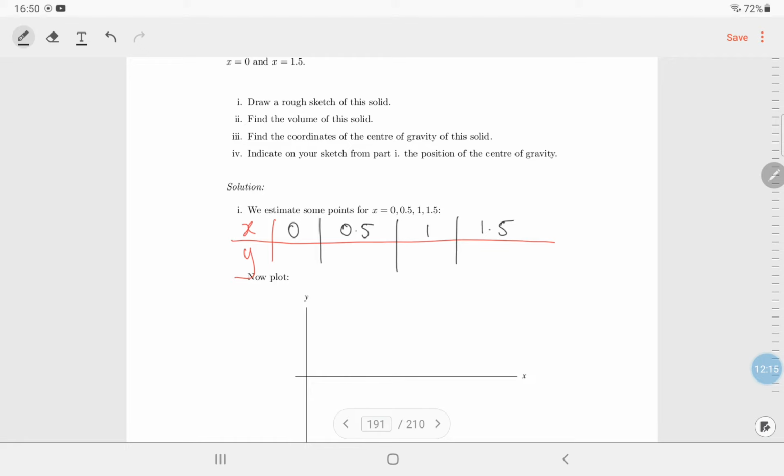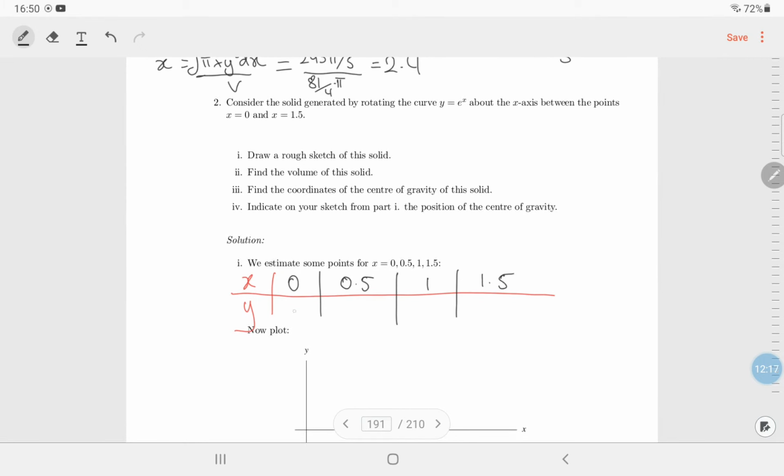So what's the y? e to the x. The first one is e to the 0, which gives us 1. Then e to the 0.5, approximately 1.6. e to the 1, approximately 2.7. e to the 1.5, approximately 4.5.